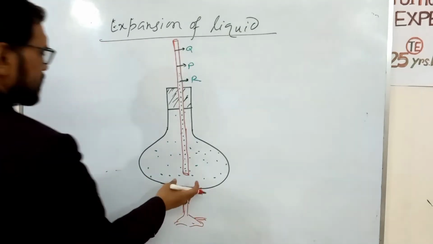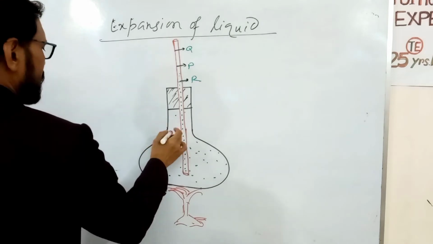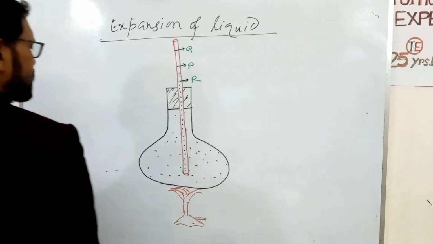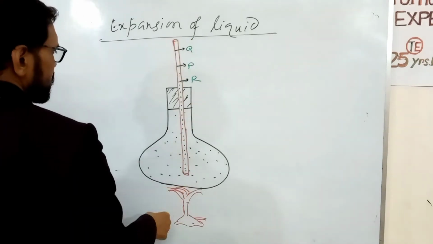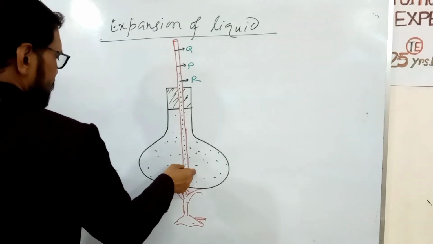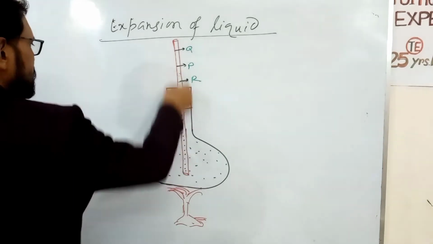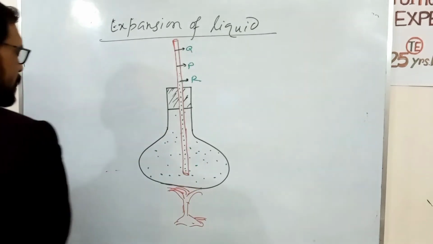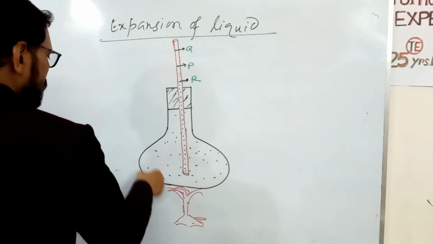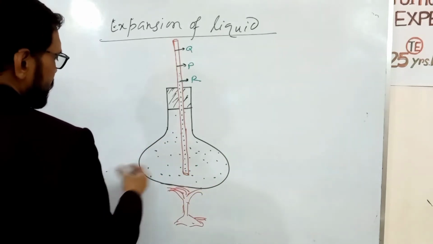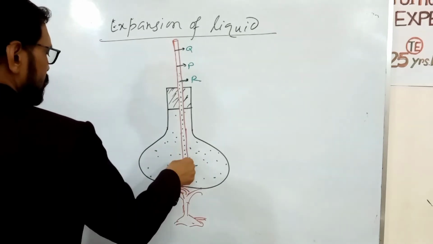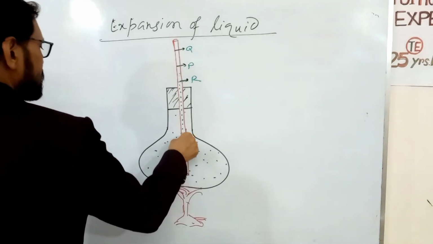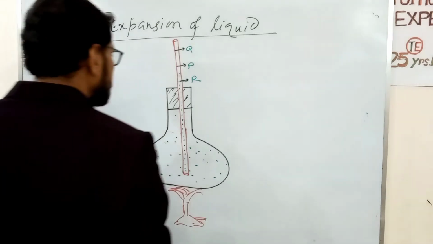This is a Bunsen burner. Suppose some liquid is kept in this flask, and this flask is heated by the Bunsen burner, and here a tube is inserted through this cork such that the liquid can rise through this tube. Now when the flask is heated, the liquid expands. First the volume of the container increases, then after some time the volume of the liquid increases. So when the volume of the liquid expands, it rises through the tube.